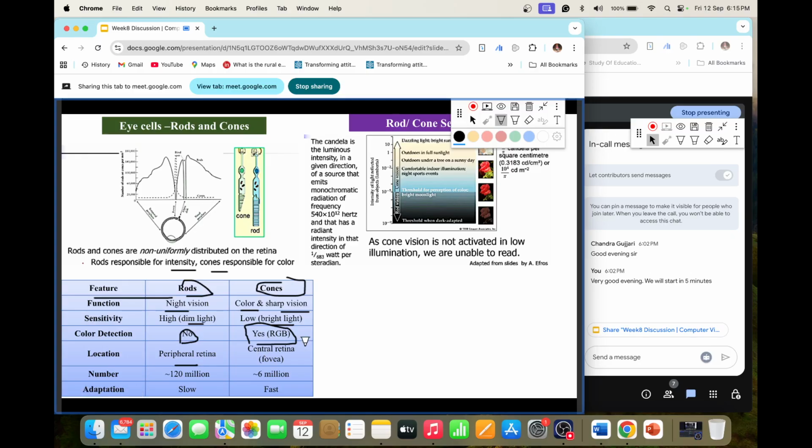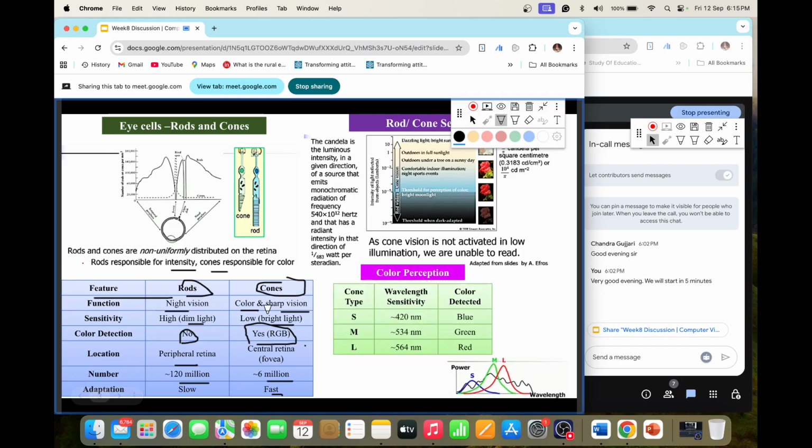Number: we have more rod cells than cone cells, about 120 million rod cells, whereas we have 6 million cone cells. Adaptation: the rod cell has very slow adaptation. That is why, when you switch off your light at night, you require some seconds for your eyes to adjust. But the cone cells have fast adaptation to colors. So these are some of the differences between rod cells and cone cells.